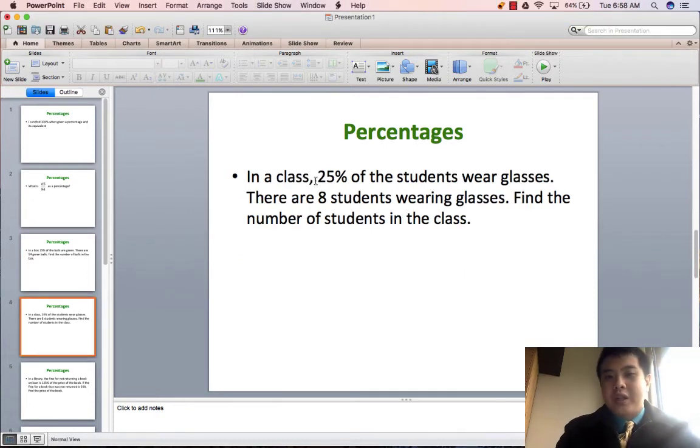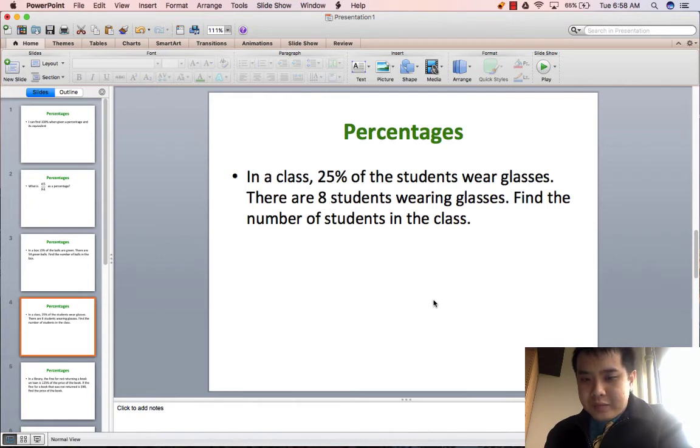Our next question is, in a class, 25% of the students wear glasses. There are 8 students wearing glasses. Find the number of students in the class. Again, 25% of the students wear glasses, so that means a fourth of the students wear glasses, and a fourth is 8.